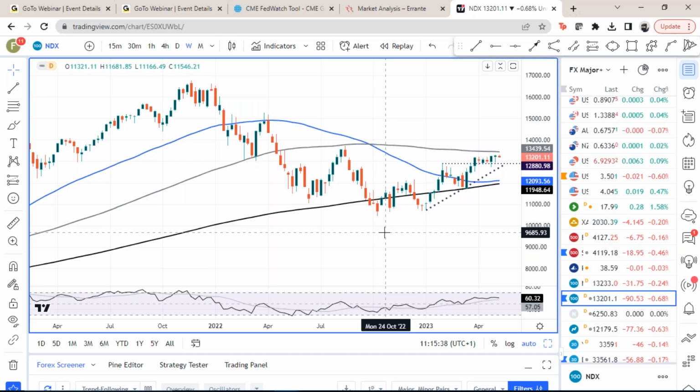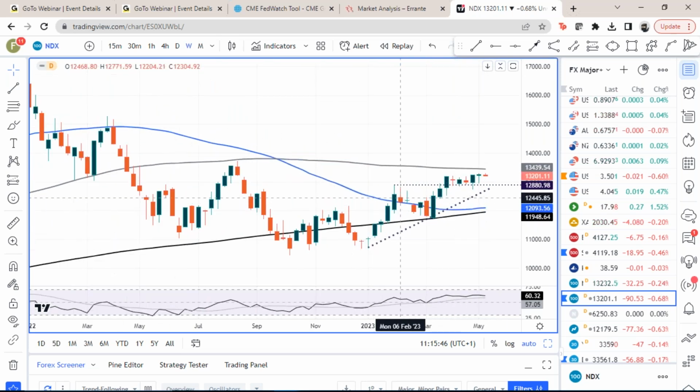We're tracking sideways, but we're tracking sideways above this late January high, 12,880. We still put it in there. You can see the dotted line. I'll move to the daily shortly and you can see it better there. We've got this sort of short-term trend line support as well, probably comes in around that level if we do move lower to around 12,900, 12,880. So that's an important level for us.